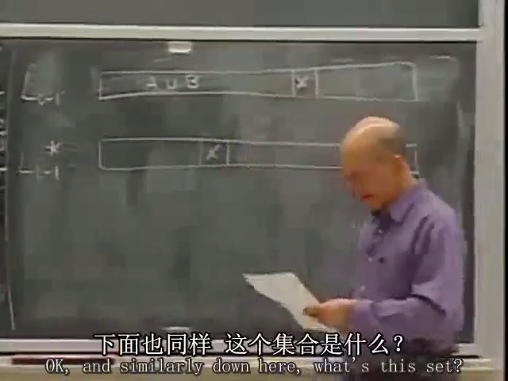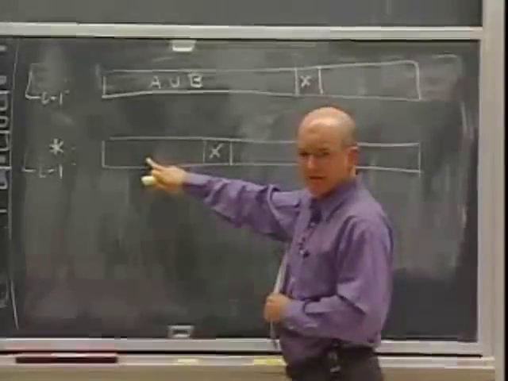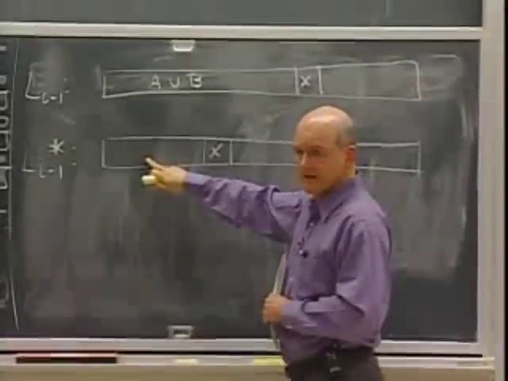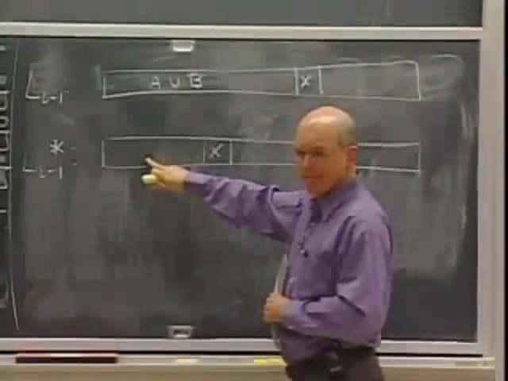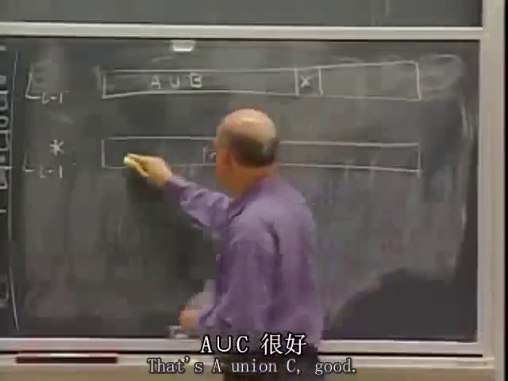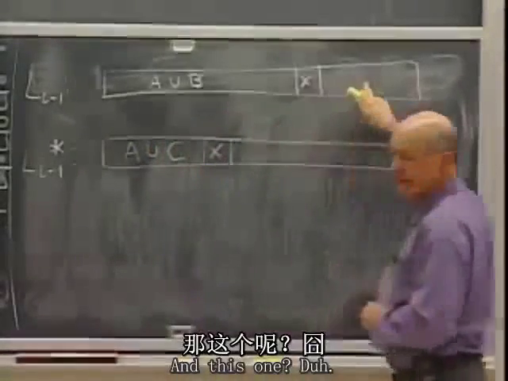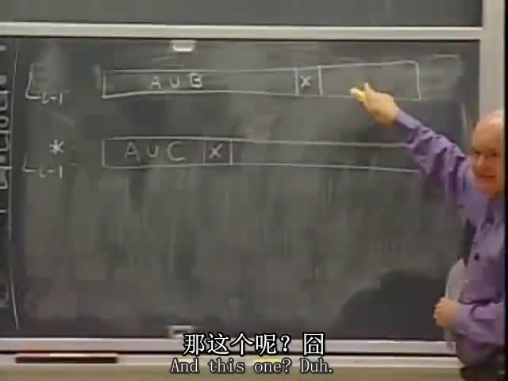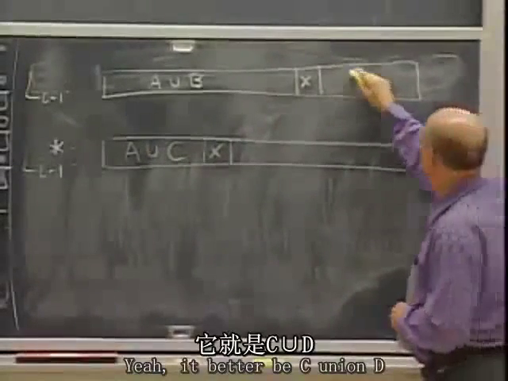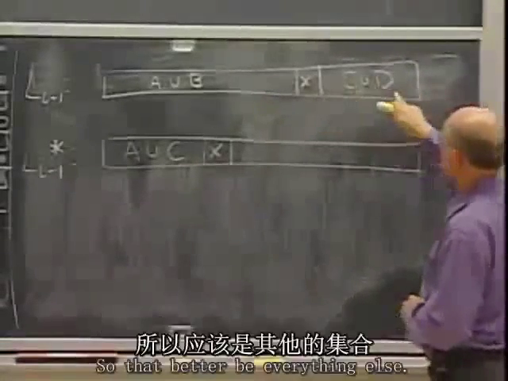And similarly down here, what's this set? That's A union C. Good. And this one? Better be C union D, because I got A union B over there, and I got X, so that better be everything else.